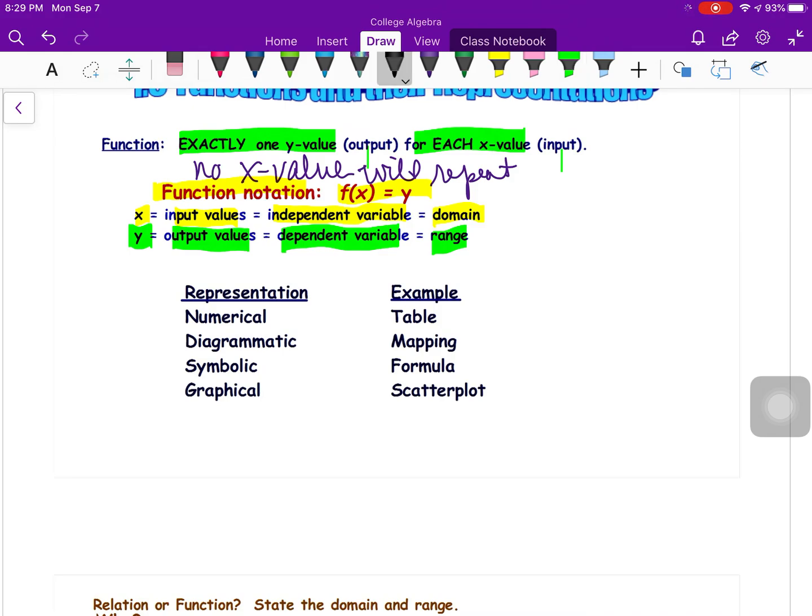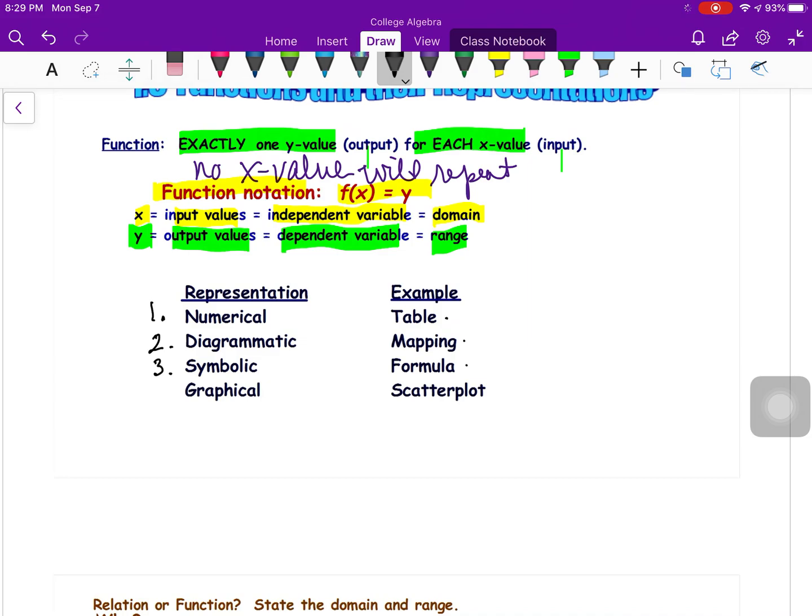When we have data, we can represent it in 4 different ways. First is our numerical function. When it is numerical, that simply means we're using a table. We can have a diagrammatic representation. That means we have a mapping. We can have a symbolic notation.